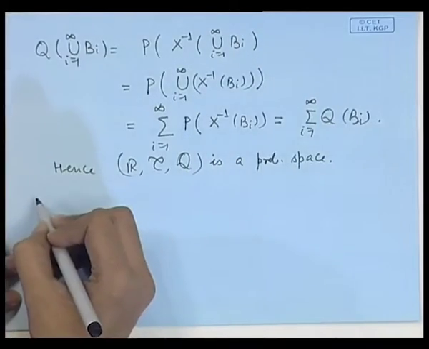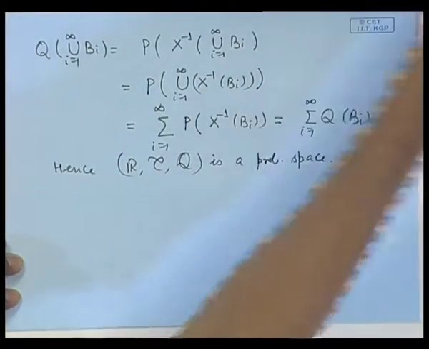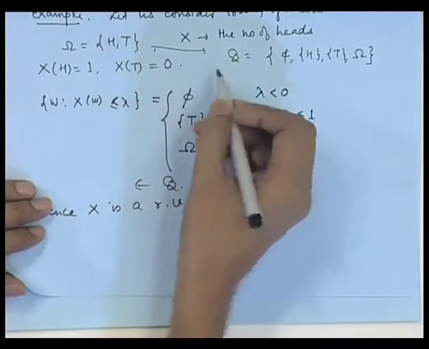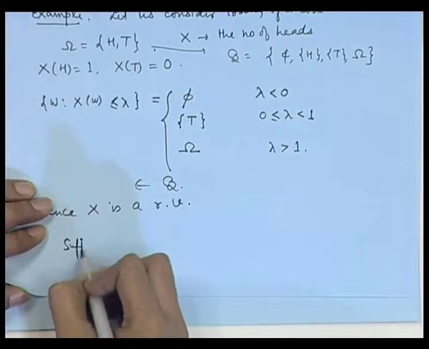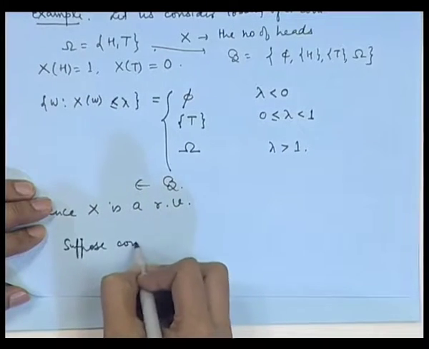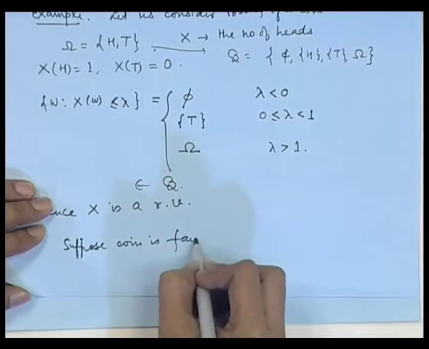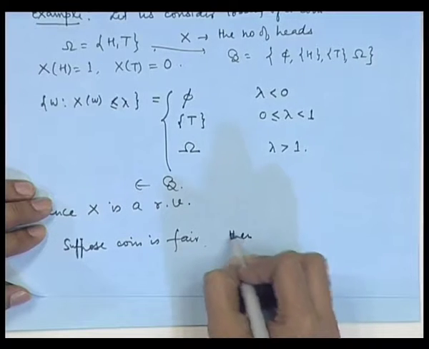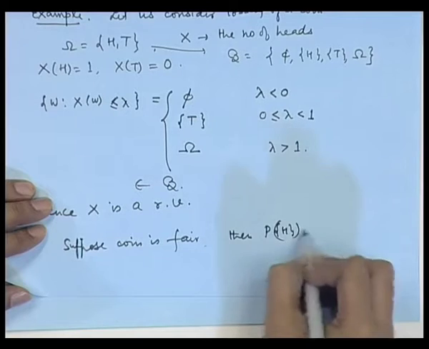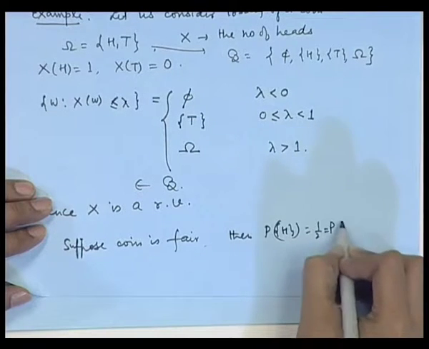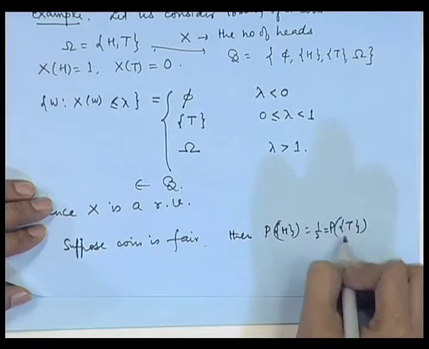So, let us look at this example of head and tail. Here if we say that the coin is fair, then you will have probability of H is equal to half and probability of tail is equal to half.